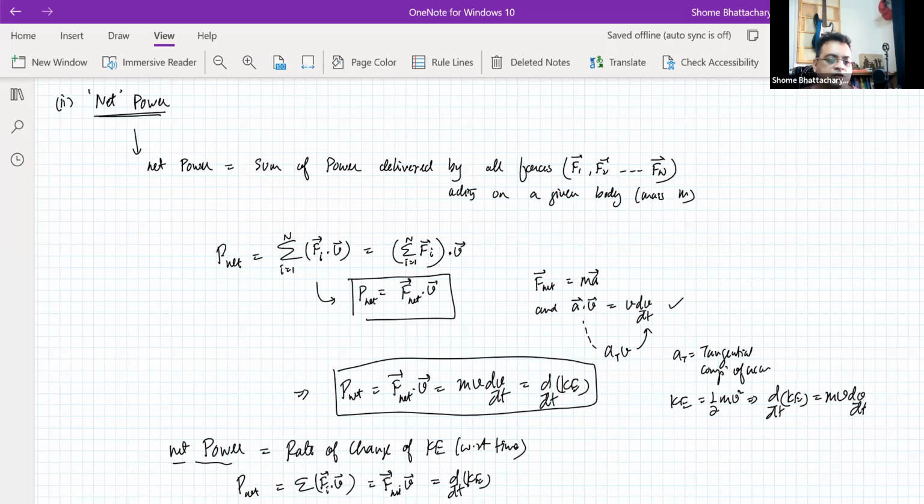If a combination of forces is acting on a body, then we can calculate the net force and calculate the power delivered by that net force by taking dot product with velocity, and that will be equal to the rate at which its kinetic energy is changing.